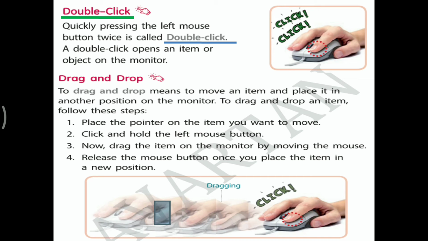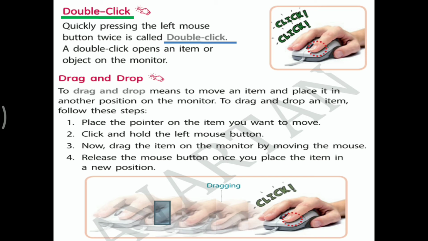A double click opens an item or object on the monitor. But be careful, the item should be selected first. Your mouse pointer should be on that item, and then when you double click on it, it will open up the item or the object which is on the monitor.